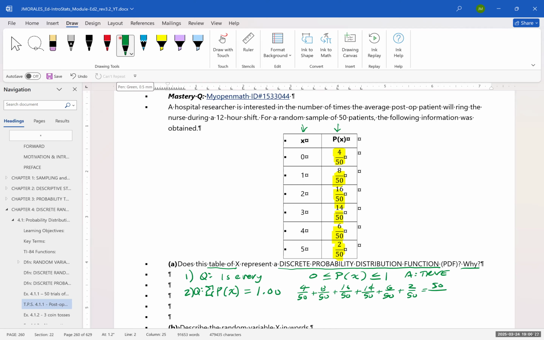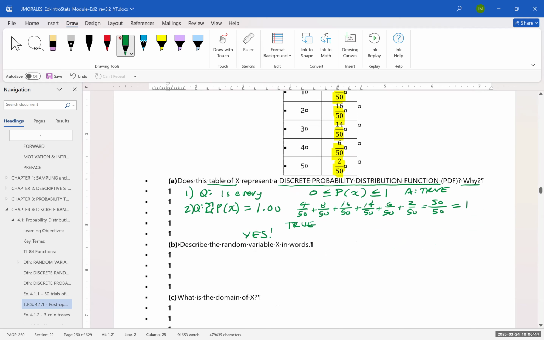Because all the denominators are the same, it'll be 50. And 50 divided by 50 is 1. So this ends up being true. So the answer, does this table of the random variable represent a discrete probability distribution function? The answer is yes.